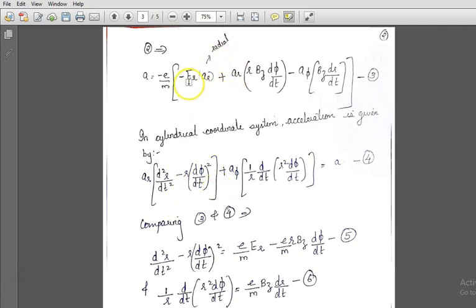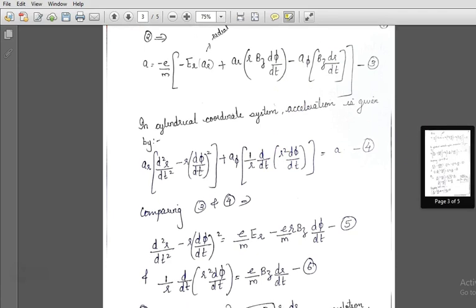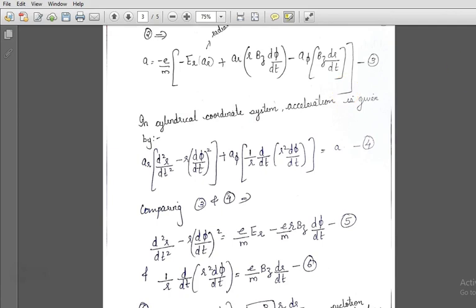The AR term of both these equations should be the same. Similarly, the A phi term of both these equations should also be the same. So equating those two, we take the AR terms together. The AR term is d square r by dt square minus r d phi by dt the whole square, which will be equal to, what are the AR terms here?